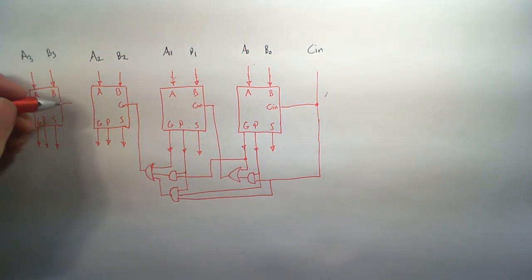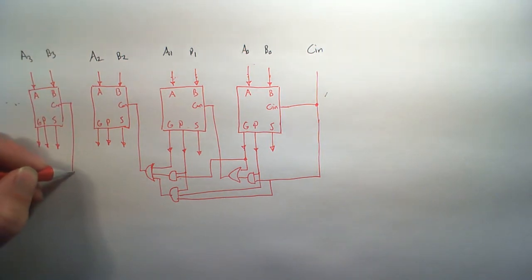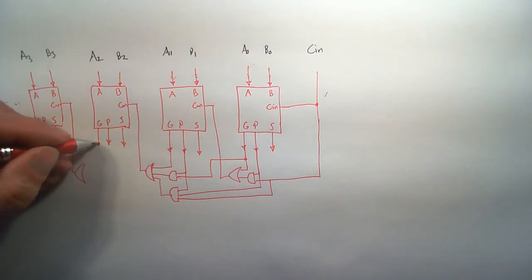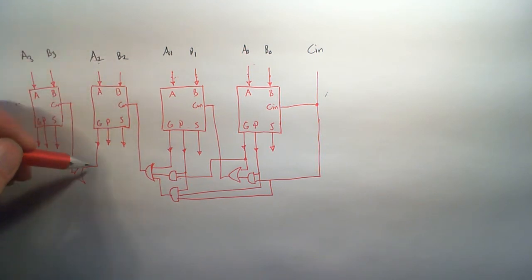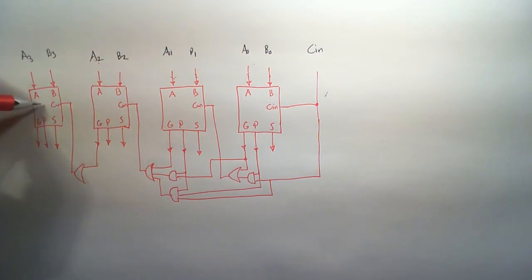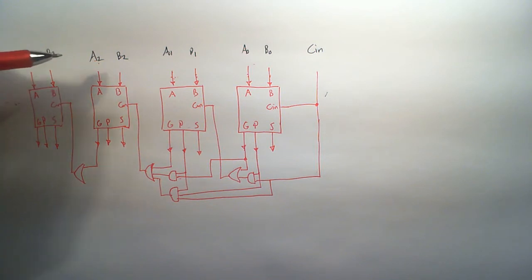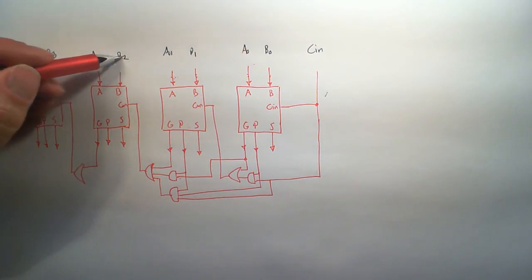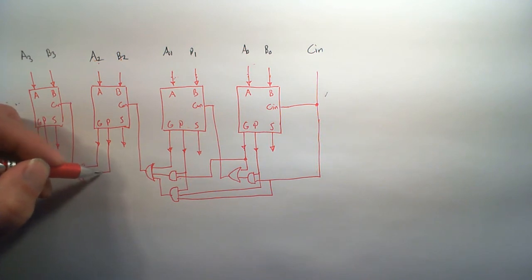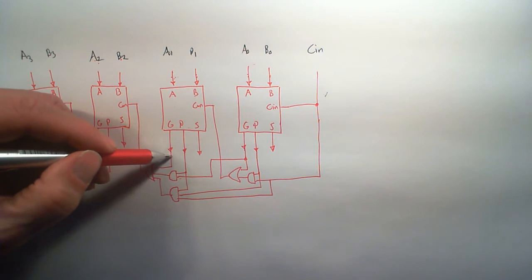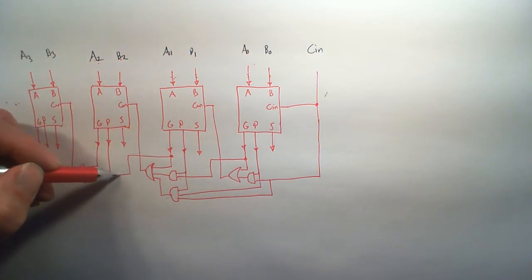Well, now we've kind of got a pattern going. Into this stage, I'm going to have a carry in if I generate it in this stage. Right? If that's a 1 and that's a 1, I'm going to generate a carry right into the next door neighbor. Or if that's a 1 and that's a 0, that's a 0 and that's a 1, I'm going to propagate a carry. And if I had generated one in this stage, I'm going to propagate that into this carry.